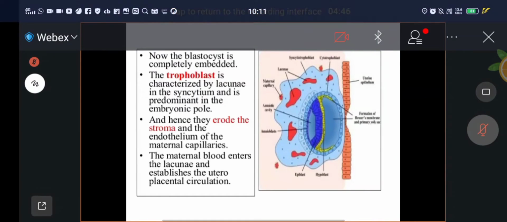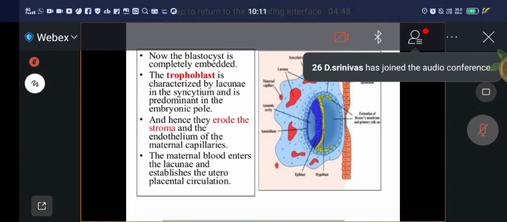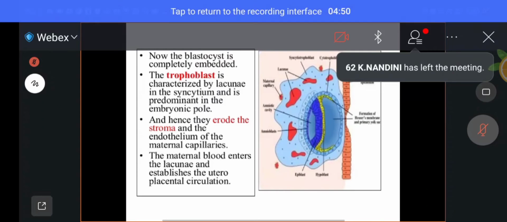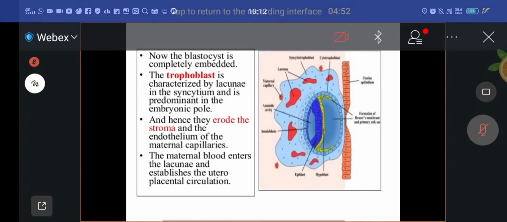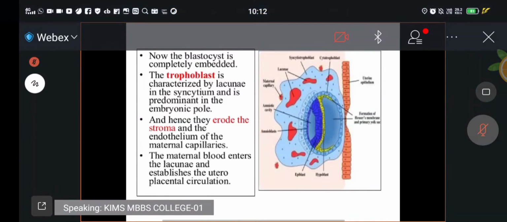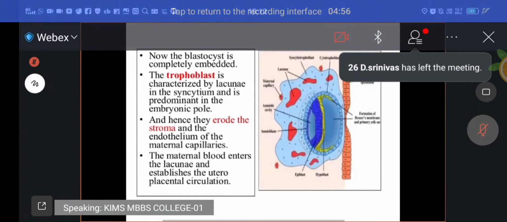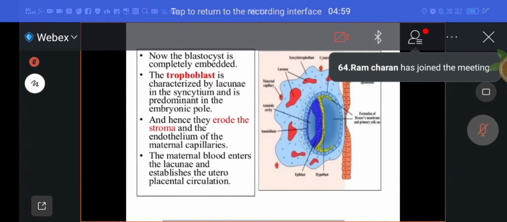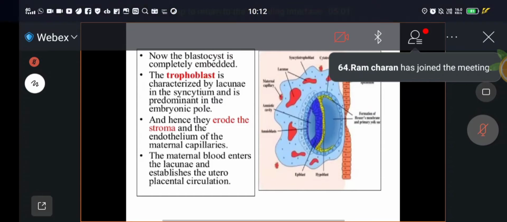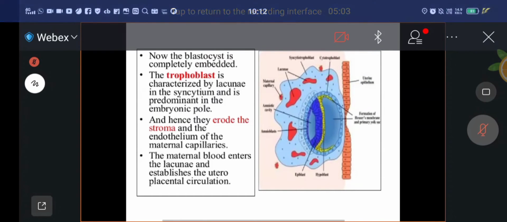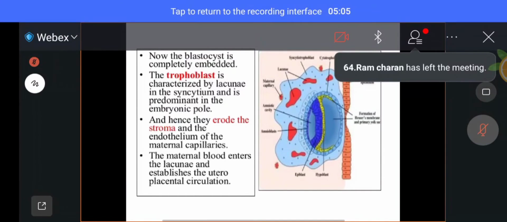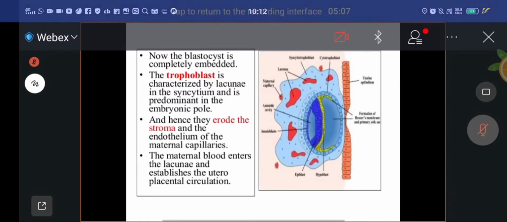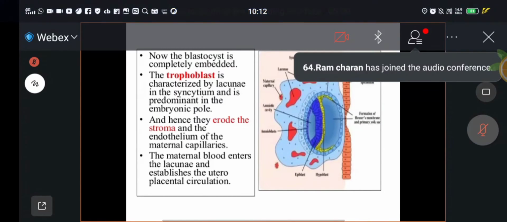Once the maternal blood vessels are eroded, blood will be poured into these lacunar spaces, and the lacunar spaces are filled with this maternal blood. Hence, the uteroplacental circulation will be developed.